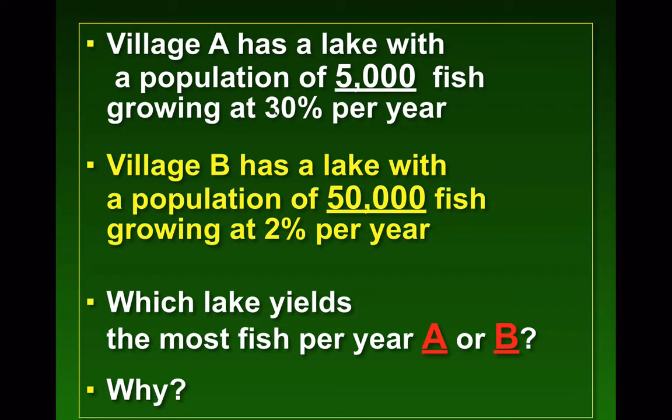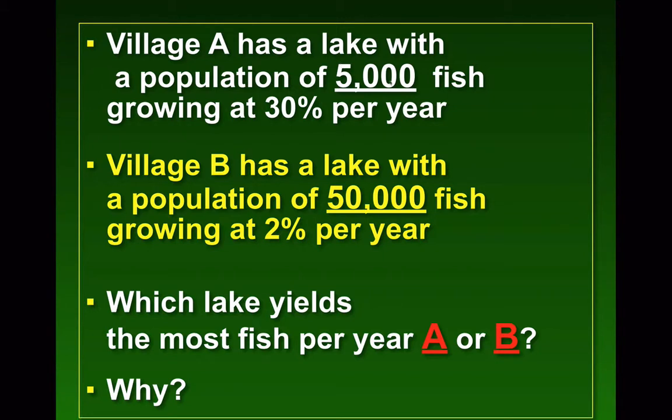Village A has a lake with a population of 5,000 fish growing at 30% a year. That's very, very fast. Village B has a lake with 50,000 fish, 10 times the number of fish, growing at 2% per year. In order to figure 30%, some people have a problem with that.